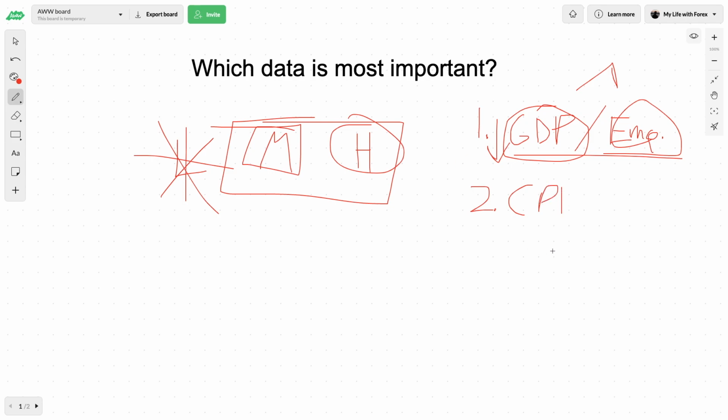So CPI is really important because this basically measures inflation for the country. It stands for Consumer Price Index. And what that basically means is the cost of goods and services increasing, which is meaning the value of your purchasing power goes down, aka inflation.